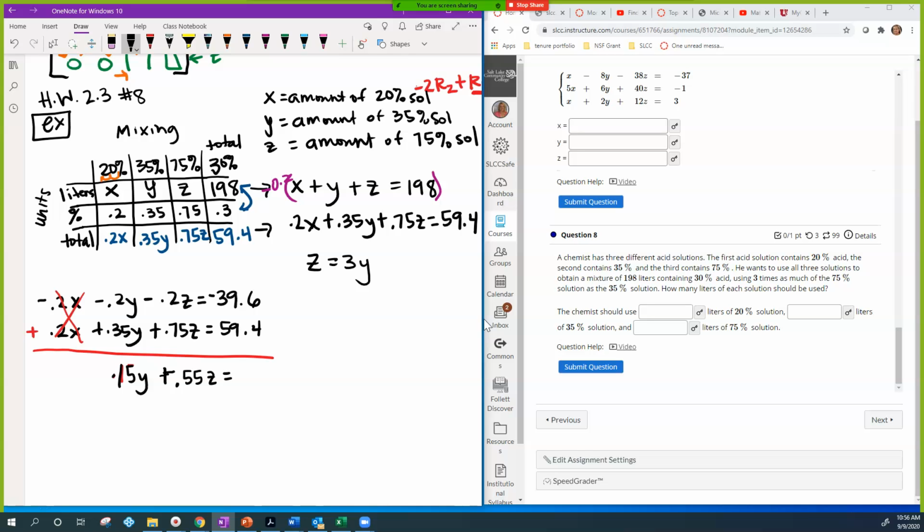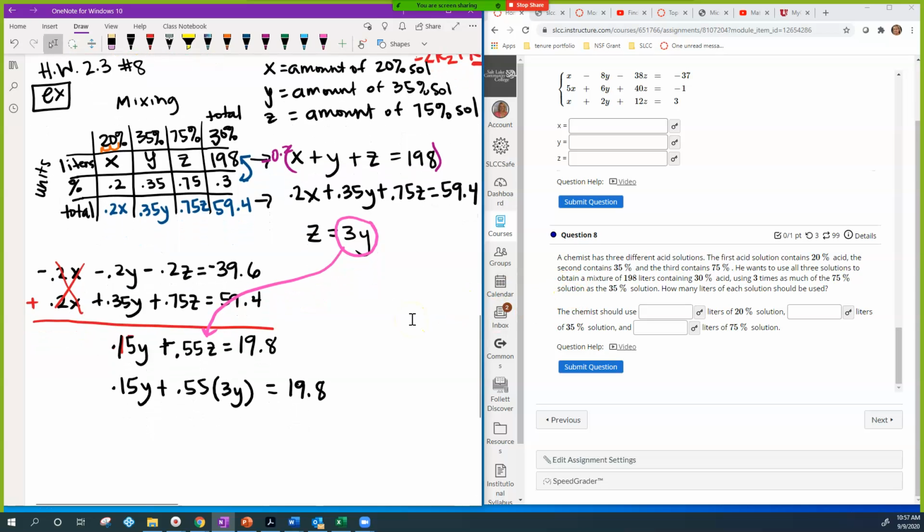And then add those two constants together, I should get 19.8. Now I have an equation with just y's and z's, and the third equation also has just y's and z's. Z is already by itself, so I can use substitution and put 3y in place of z in that equation. So I have 0.15y plus 0.55 times 3y equals 19.8.